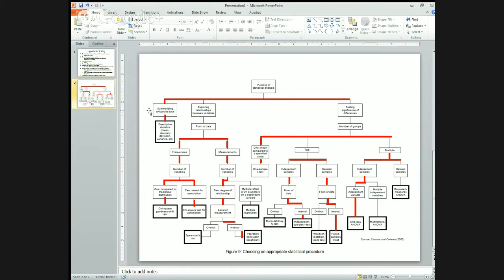We also said that there were central tendency and dispersion statistics. What we're focusing on now is testing relationships or testing significant differences.